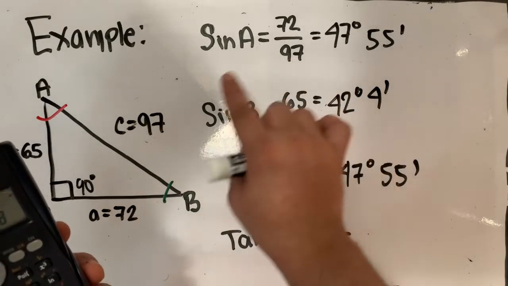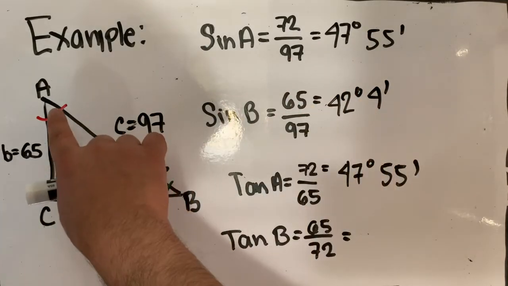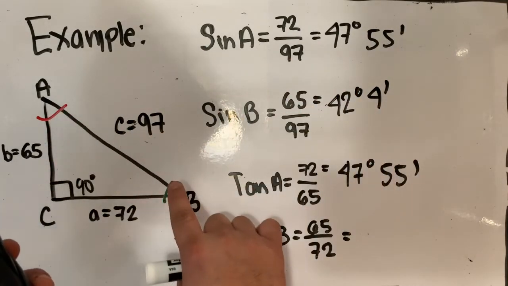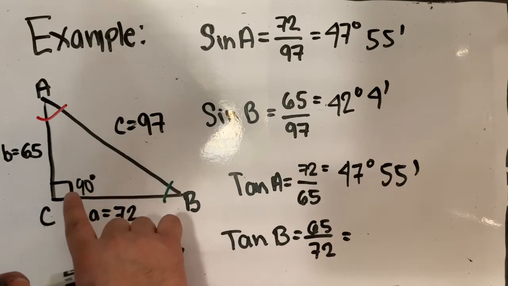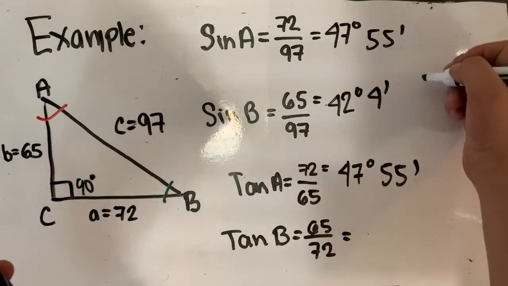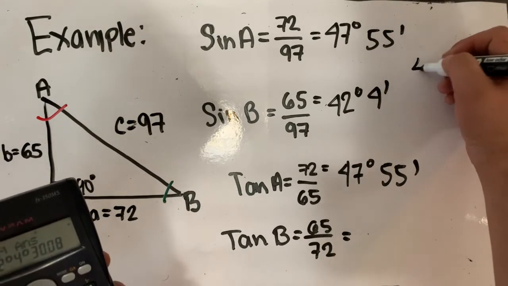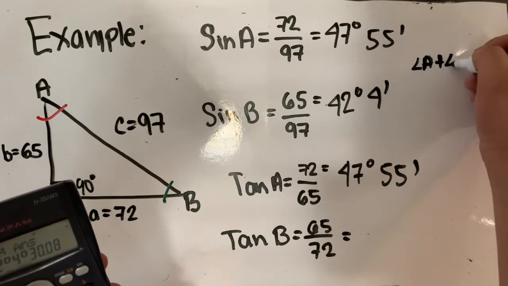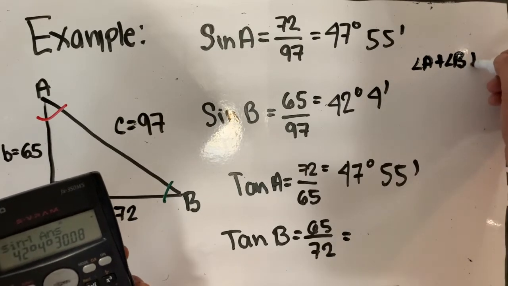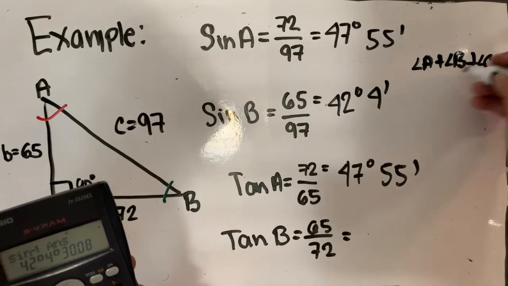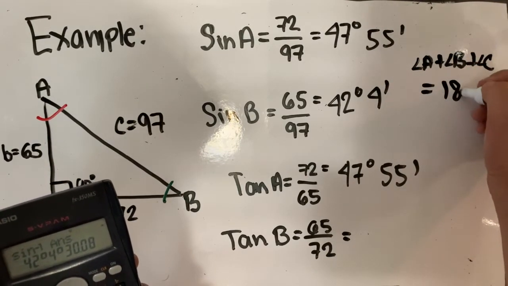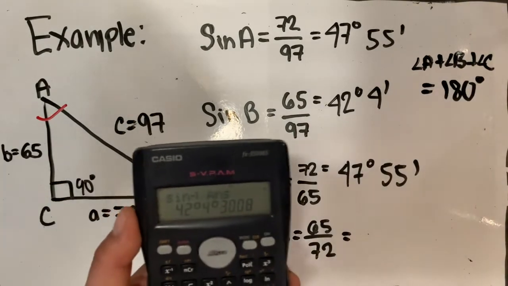However, if I do the addition of this angle plus this angle plus this angle, the result always has to be, I'm going to write it right here, angle A plus angle B plus angle C always has to be 180 degrees. Why?